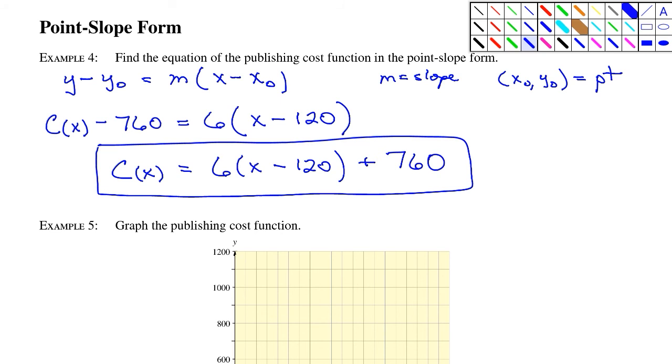So the rationale for having this form is that you can read off these pieces of information readily. Here's the slope. This number and this number are the two components of a point that goes on that line. Now you have to be careful. This is in the form of x minus the number, so the number is really 120. This is plus 760, so it is 760. So one of them is opposite and the other one is straight up the way it should be read.